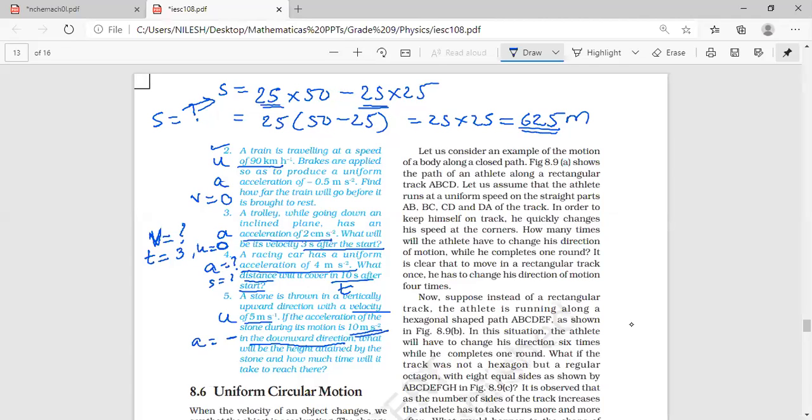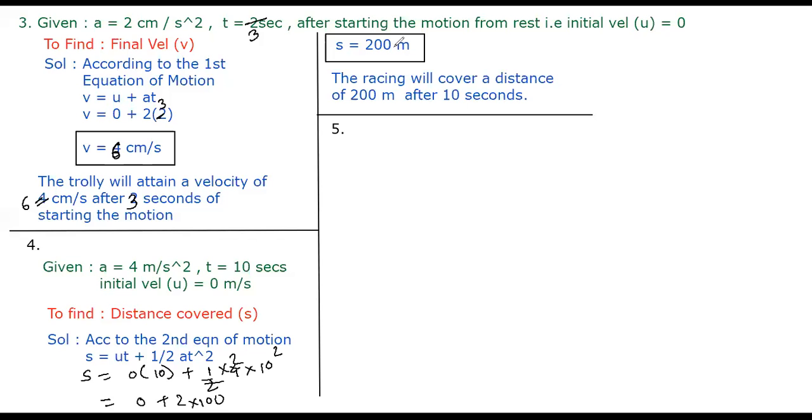What will be the height obtained by the stone and how much time will it take to reach there? Suppose I draw the figure. Pay attention over here.